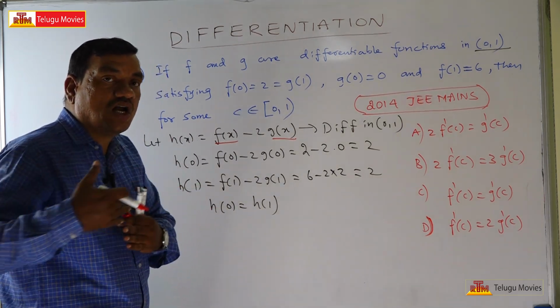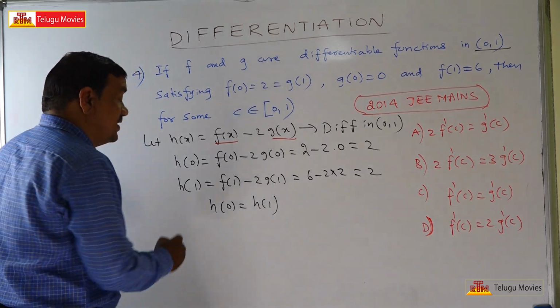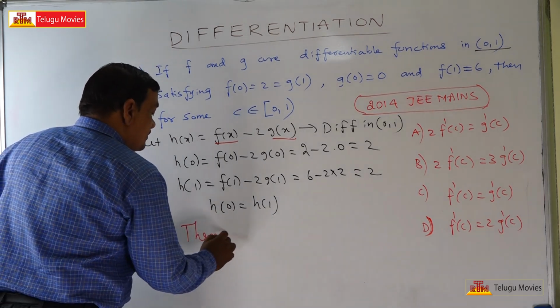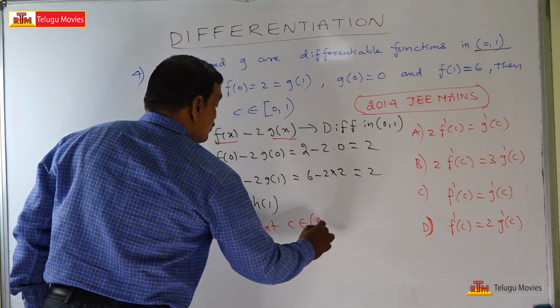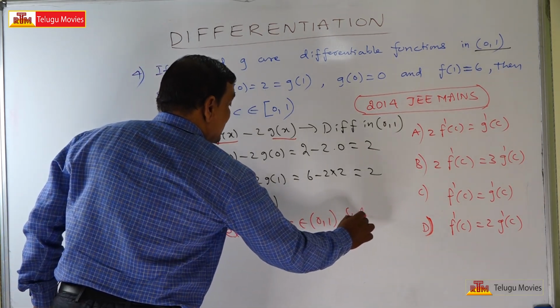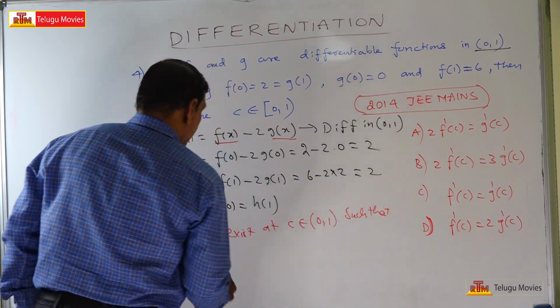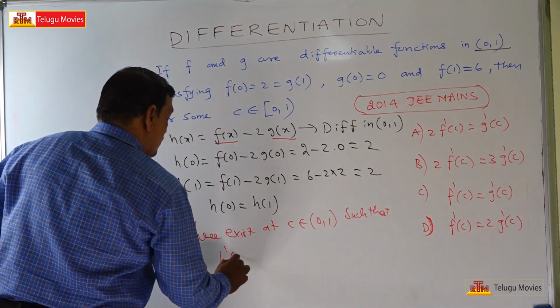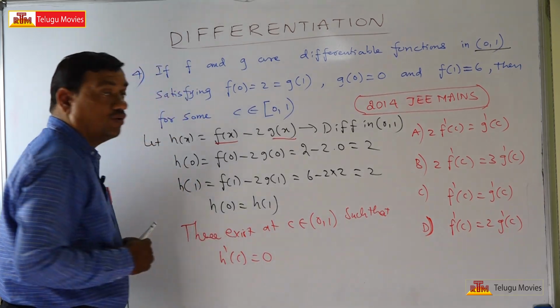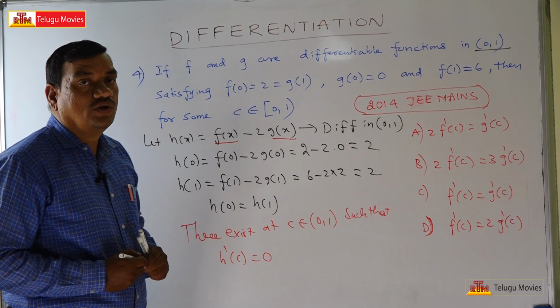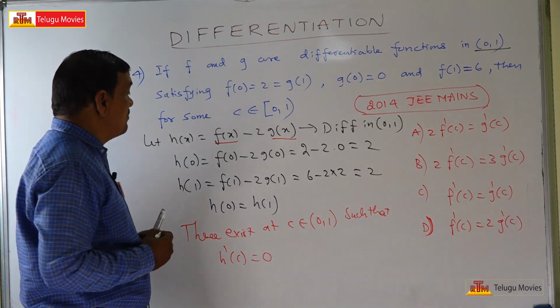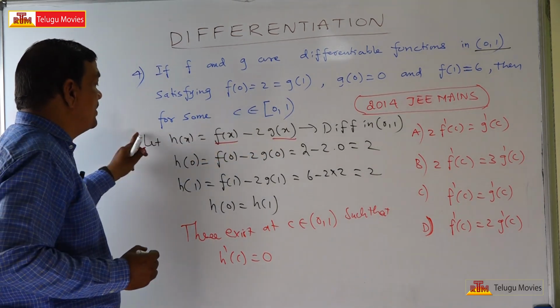Then what is the conclusion of Rolle's theorem? There exists at least one c belonging to (0, 1) such that h dash of c is equal to 0. Now I am going to find out h dash of c.